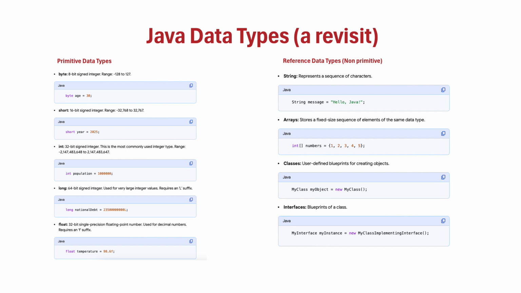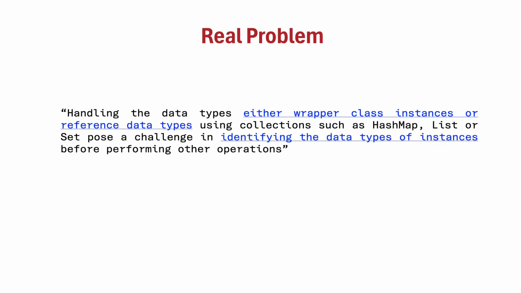Now, let's think about what the real problem is without generics. Prior to Java 5, developers had a severe challenge handling the data types stored in collection objects, such as hash map, list or array list, and set or sorted set.